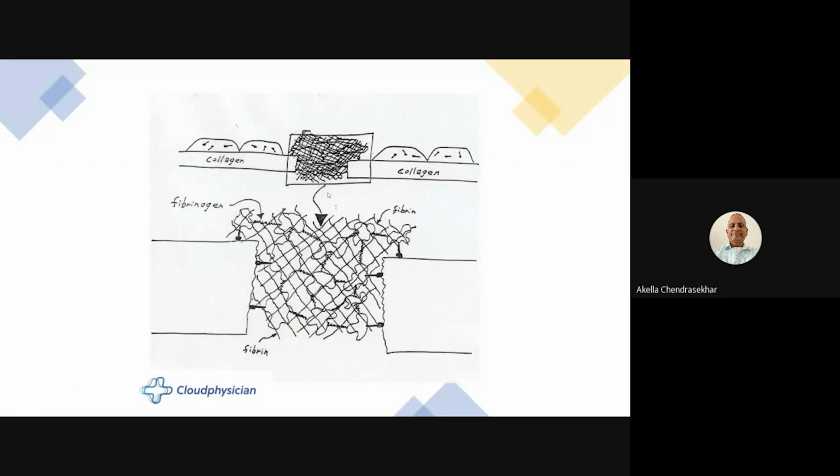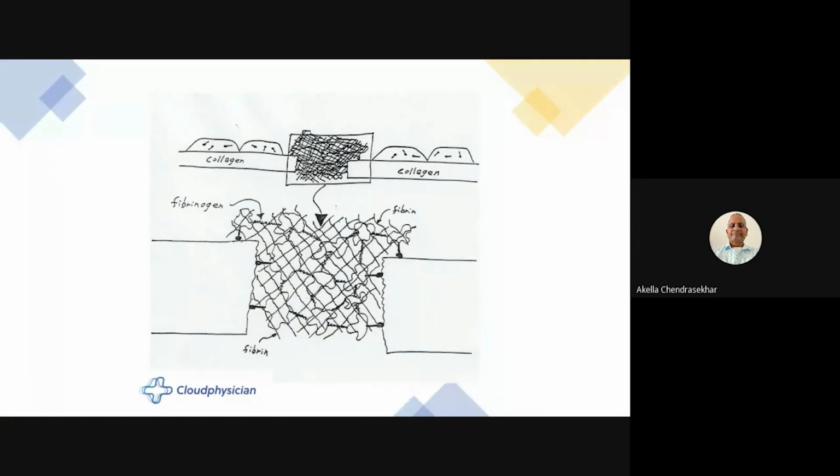Okay, so you can see how the clot is being made. Now, remember, as the clot is being made, our body automatically starts working on breaking down the clot within the blood vessel, right? Collagen is being made in the wall so that the wall can be repaired while the clot is being broken down by fibrinolysis.